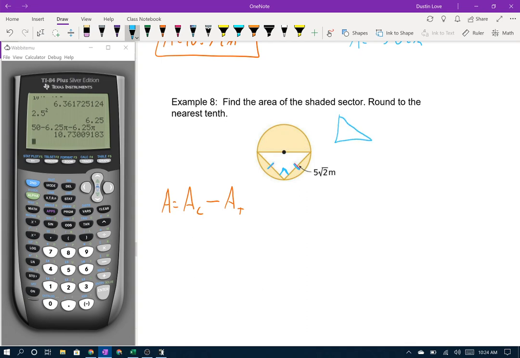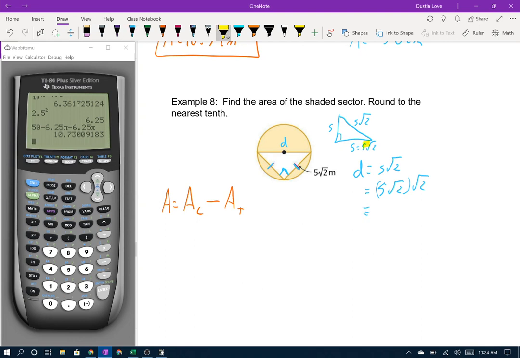So on my 45, 45, 90, it was S root 2. So whatever's on the leg, I multiply by root 2. So my diameter is just going to be S root 2, where S is 5 root 2. So that equals 5 root 2 times root 2.